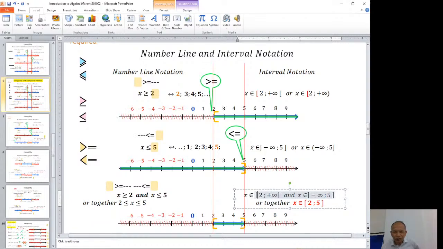Here, the square bracket turns to the number 2. It means that 2 belongs to us. It means 5 belongs to us.